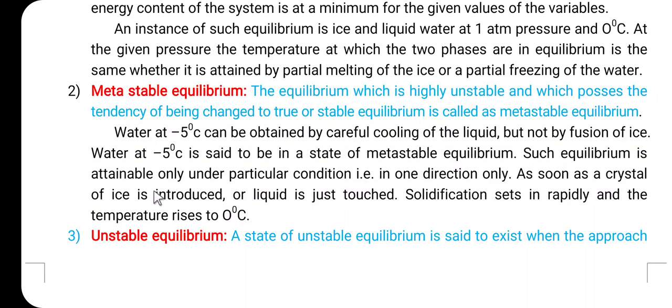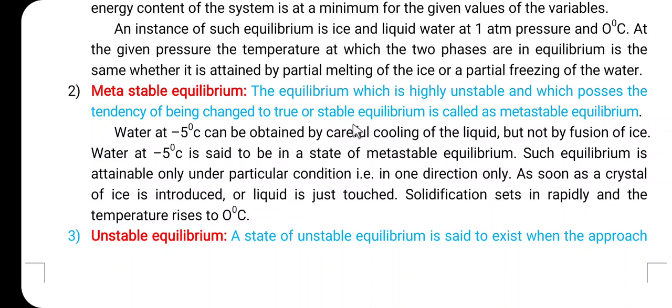Such equilibrium is attainable only under particular conditions, that is, in one direction only. When we consider the water at -5 degrees Celsius, as soon as a small crystal of ice is introduced in the water, or the liquid is just touched, immediately the solidification sets in rapidly and the temperature rises to 0 degrees Celsius. Such water is supercooled water, and such equilibrium is called the metastable equilibrium.